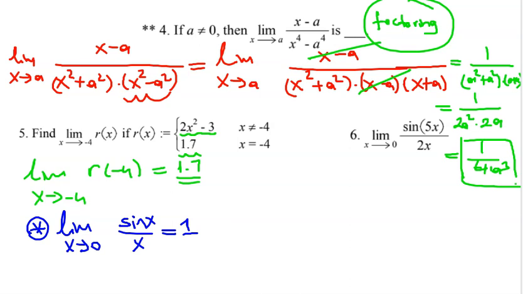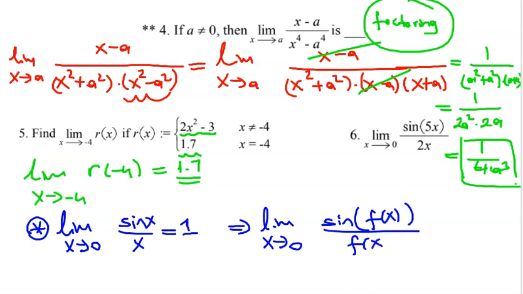Also, we can generalize this formula into this: limit x approaches 0 of sine of f of x over f of x, and this is also equal to 1. Which means if inside the limit we end up with the same function inside of the sine on top and also on the bottom, then the limit is going to be equal to 1.